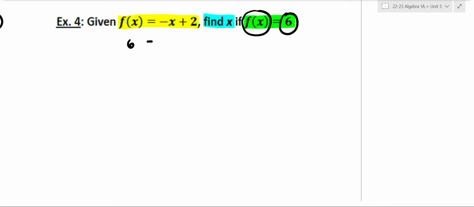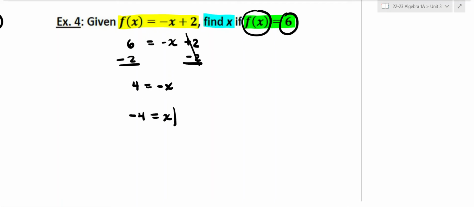So we have 6 equals -x plus 2. Right? I'm going to get rid of this plus 2. All right, cancel. We have 4 equals -x. But to get rid of this negative sign, right, remember everybody switches signs, so this becomes -4 equals x.